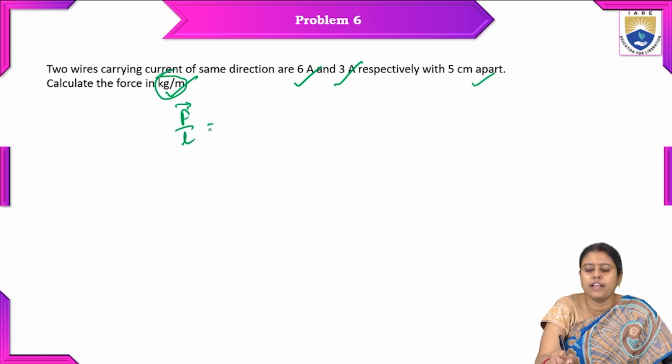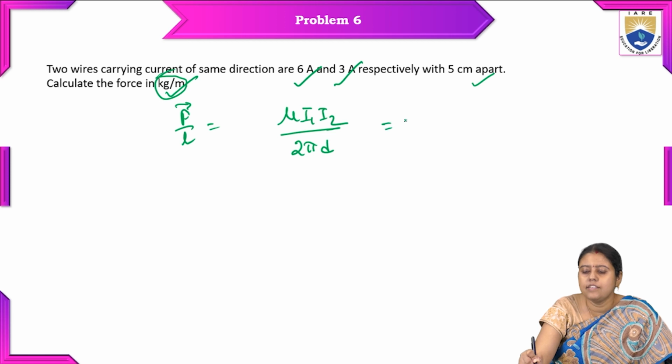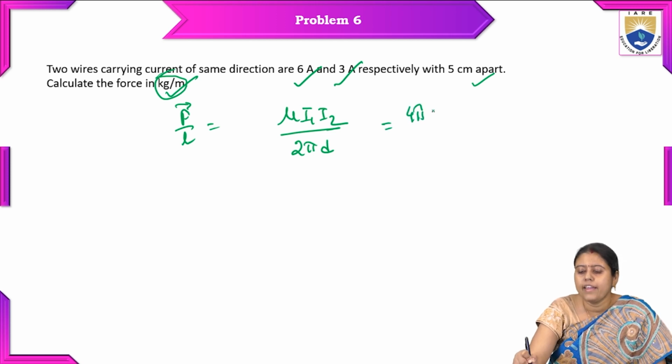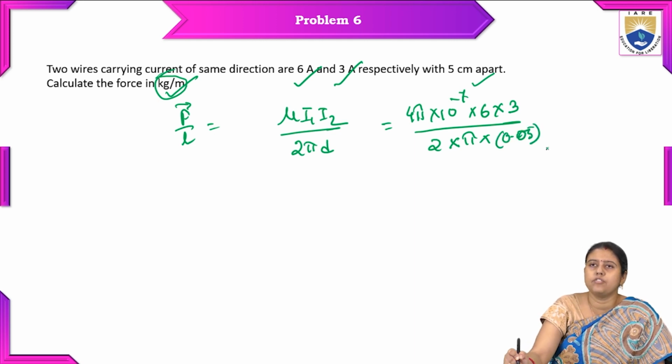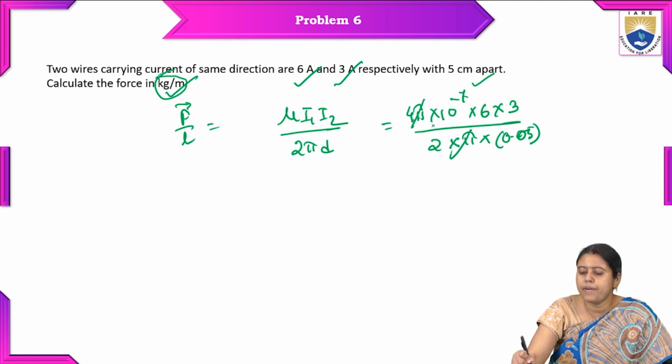Force per unit length is equal to mu I1 I2 by 2 pi d, which is 4 pi into 10 to the power minus 7 into 6 into 3 by 2 pi, and what is d? d is 5 centimeter apart, so 0.05. Pi cancels out.